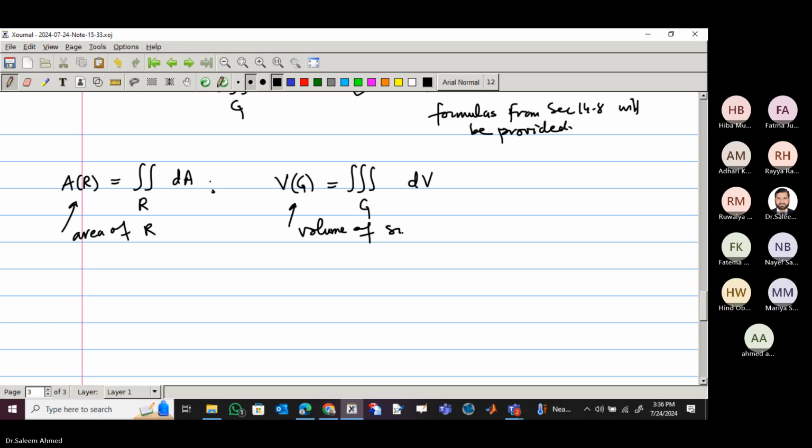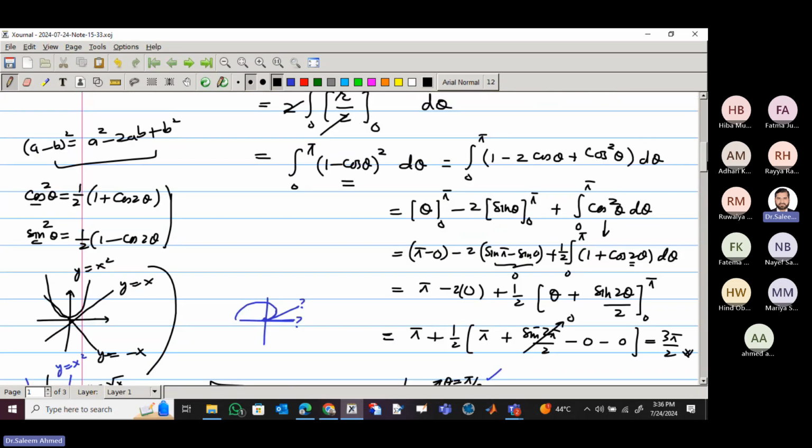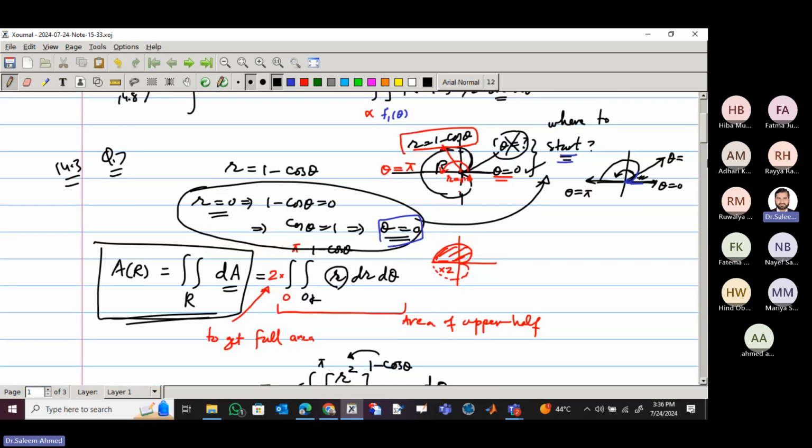So when we ask you the volume or area, you do not put any function, and no function will be given. You see, in the question which I attempted, they did not give me any function. They said find the area of the region that is enclosed by the cardioid. That's it. No function is needed.